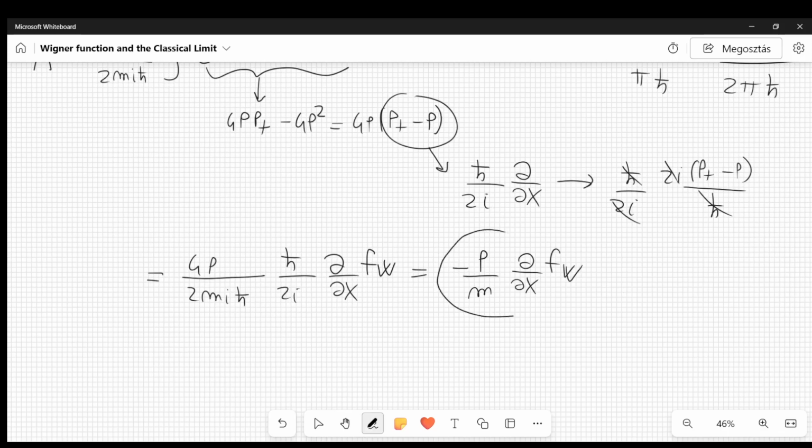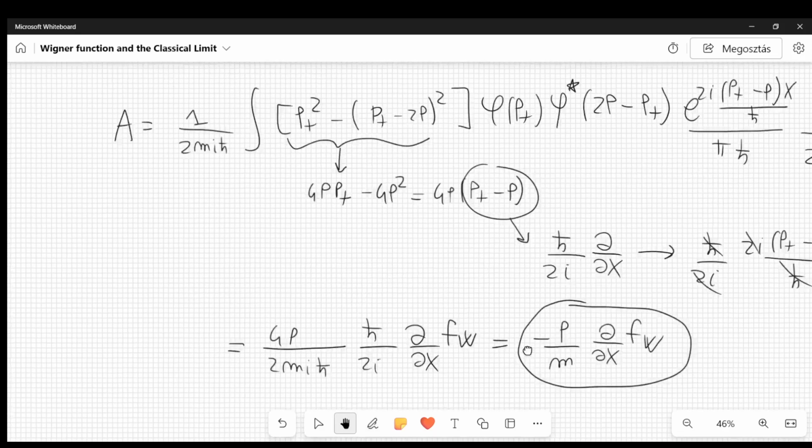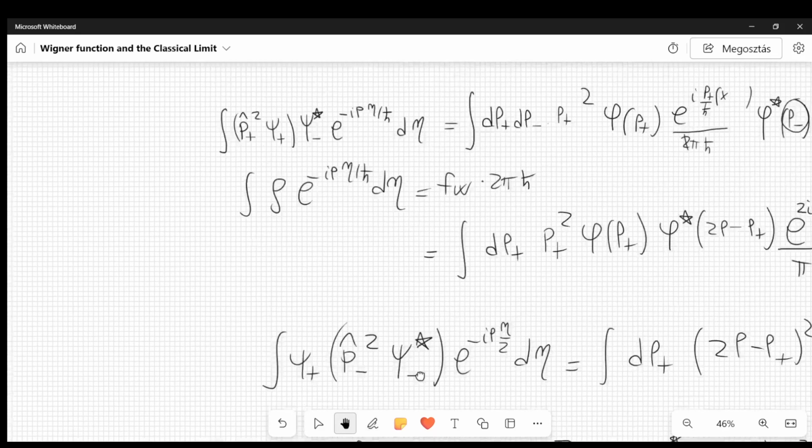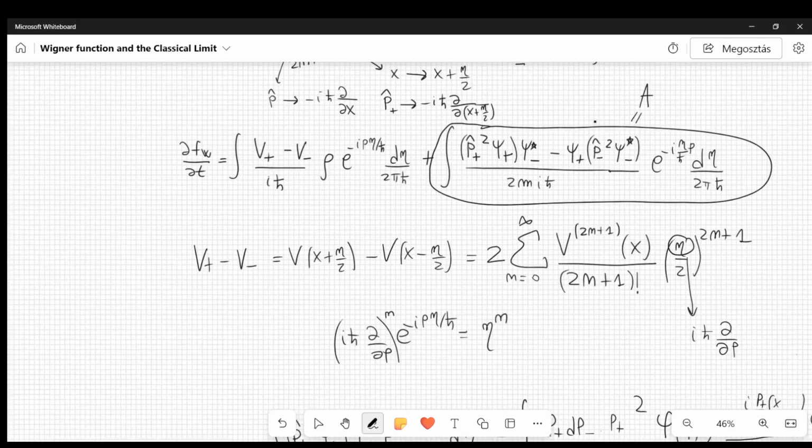Now we are in a position to put all the results together. So we have this part, which is coming from here, that's equal to A. And we have also expanded this part. We have already expanded it. In particular, we have expanded the difference, which we can write like this.